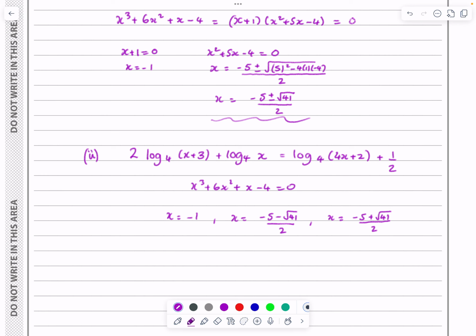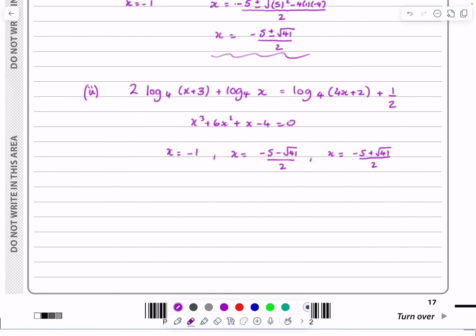And you might think, what's the examiner doing? Well, it's the same answer again, but now we're distinguishing between the fact that if we're solving the log equation, I don't want the log of a negative, so that's the only solution that would solve the log equation there.